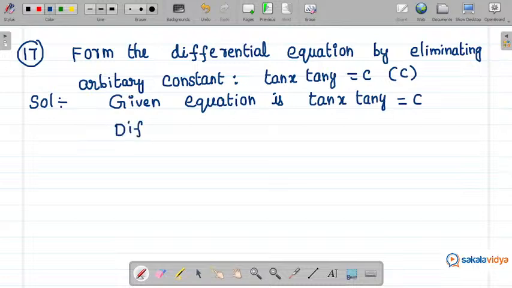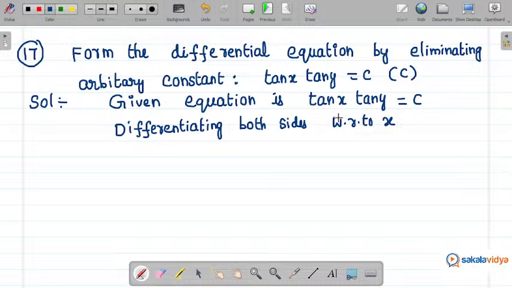Differentiating both sides with respect to x. Now the left hand side is in the form of a product of two functions, tan x into tan y. That means the UV rule needs to be applied.